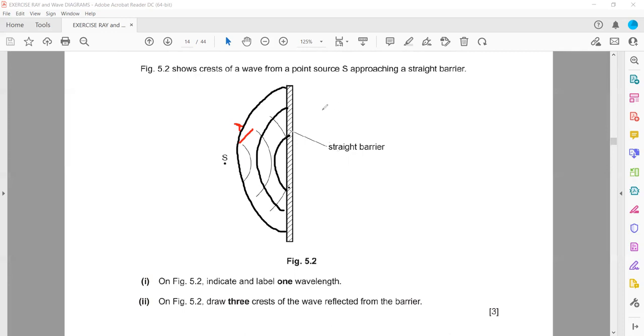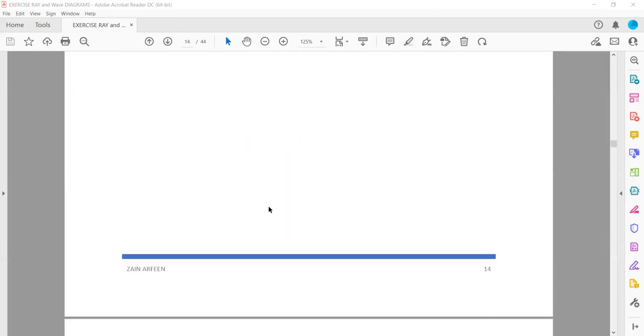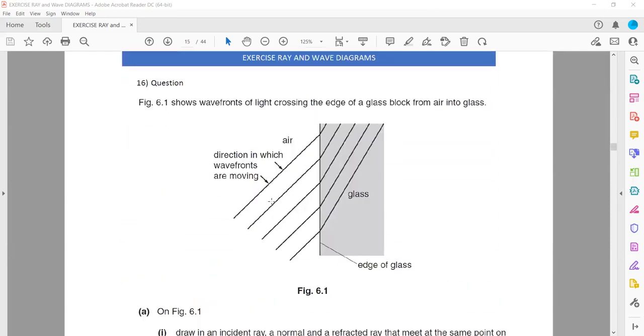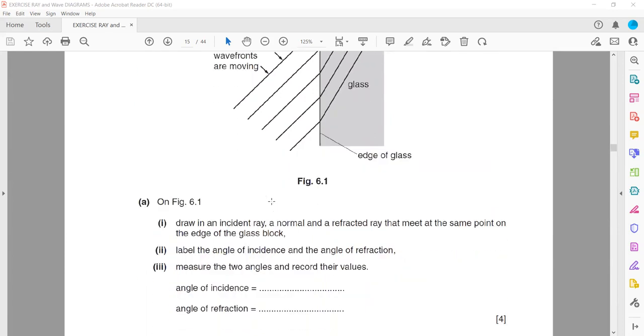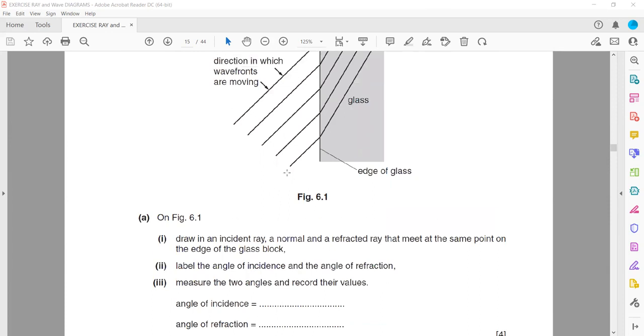As the waves strike the barrier, the wavefronts bounce back. Figure 6.1 shows the wavefront of a light crossing the edge of a glass block. Draw the incident, normal, and the refracted so they meet at the same point.